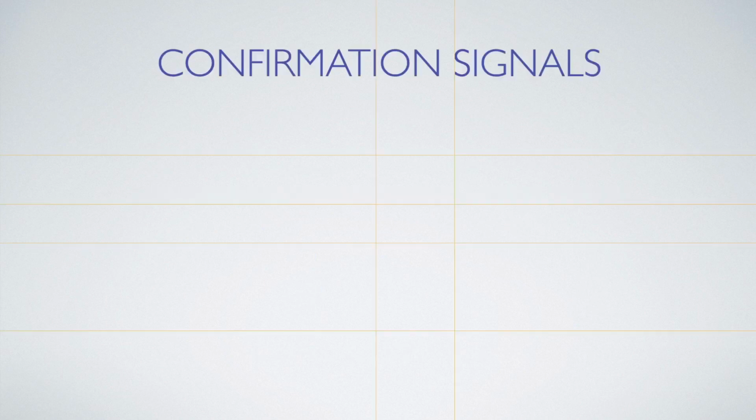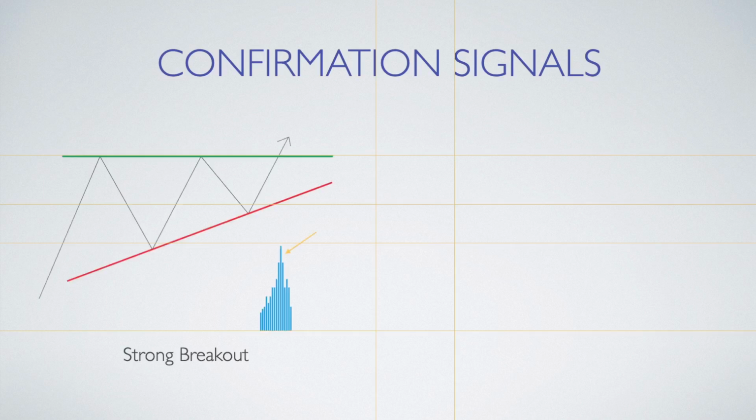So how do we know a strong breakout versus a weak breakout? What are our confirmation signals? We just talked about the confirmation signal of a strong breakout being high volume on that candle that is breaking out. Okay?